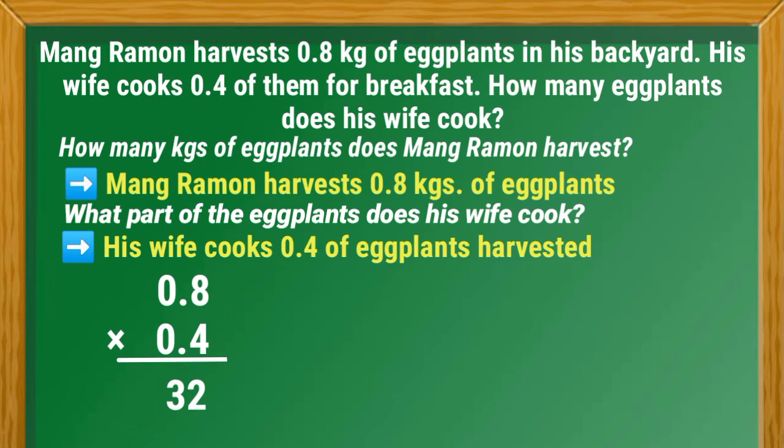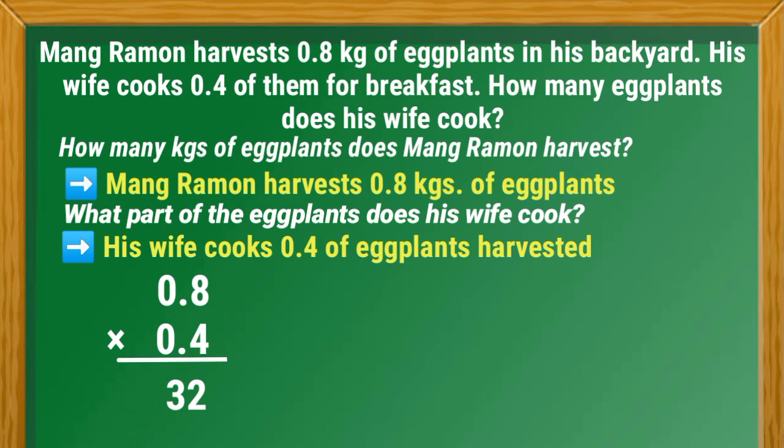Then, step number 3, count the number of decimal places in the factors. So, we only have 2 decimal places in the factors. We have 1 in our multiplicand and 1 also in our multiplier. So, we will indicate the same number of decimal places in the product. Write 0 after the decimal point to indicate that there is no whole number.